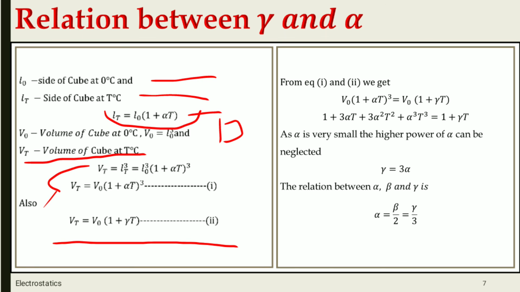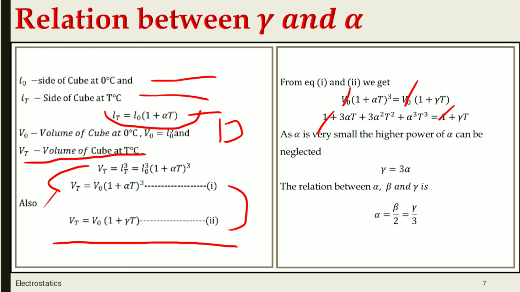And you can equate these two because Vt is the same. What you will get? V0 in bracket 1 plus alpha t cube, which is equal to V0 in bracket 1 plus gamma t. So V0 gets cancelled, and expansion of this bracket will be 1 plus 3 alpha t plus 3 alpha square t square plus alpha cube t cube, and this bracket as it is.